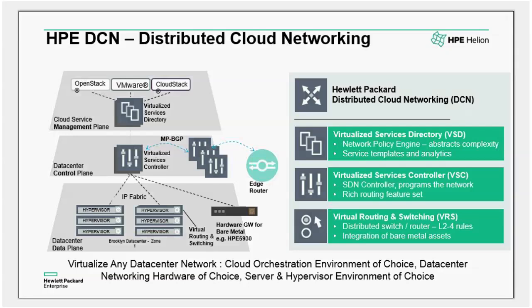You have a VRS per hypervisor. You have a VSC or a set of VSCs per data center, and you have a centralized VSD. Now, your VSD can actually push policy to all of the locations so that your VSC can implement it, and your VRS is actually sitting on each of the hypervisors.